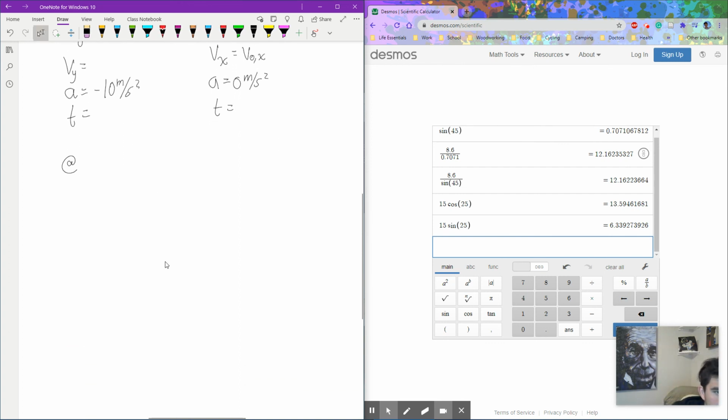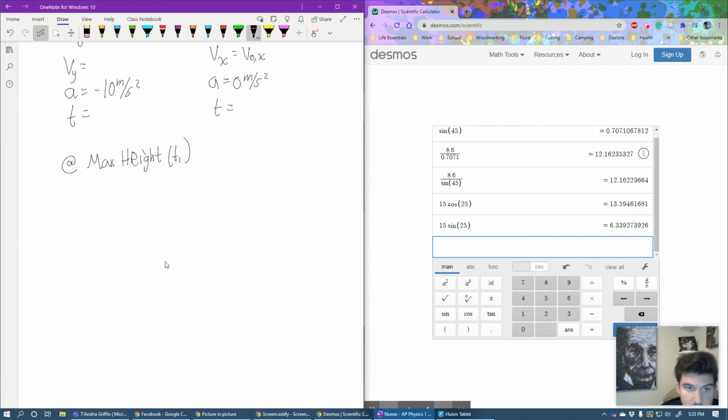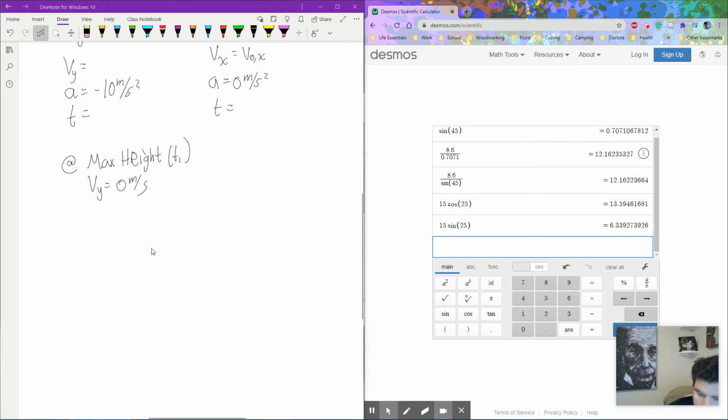The first thing that I know is that at the maximum height, which we're calling T1, the velocity in the vertical direction is 0 meters per second. This becomes relatively handy because I can now set up the equation v equals V0y plus at, and solve for how many seconds it took for the brick to reach its maximum height.